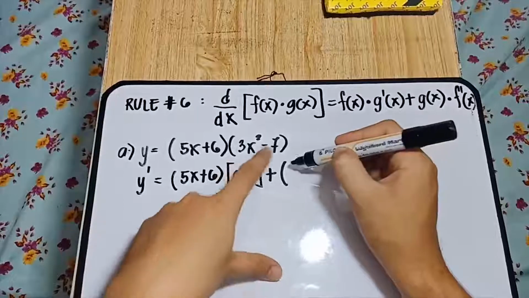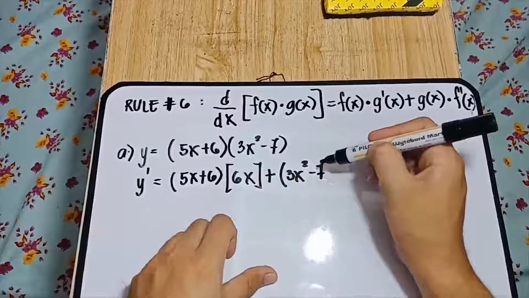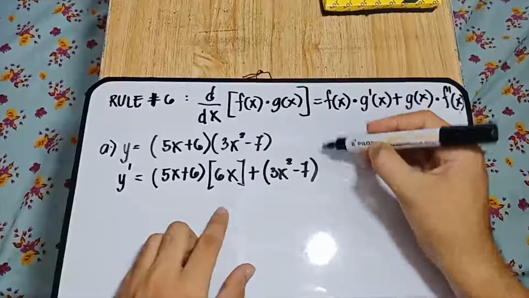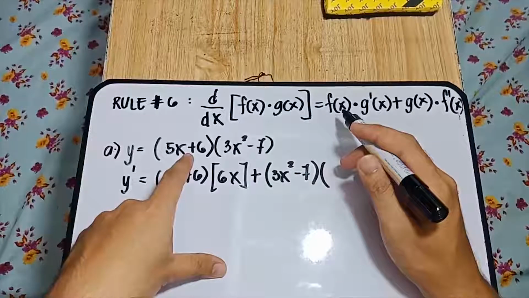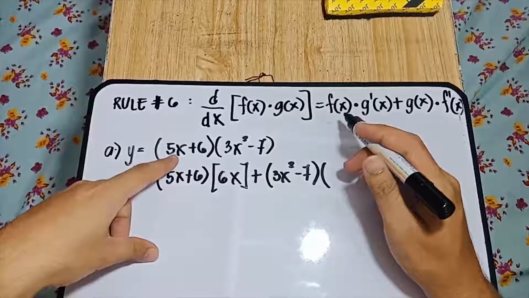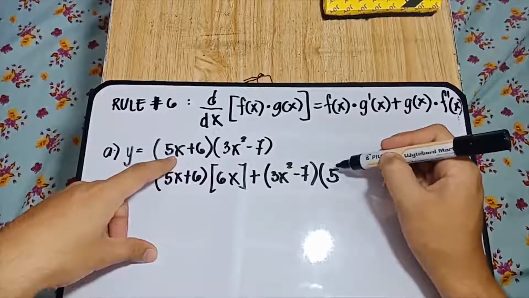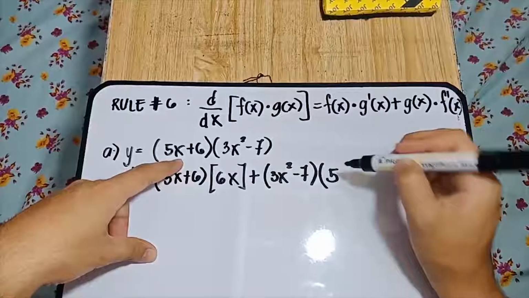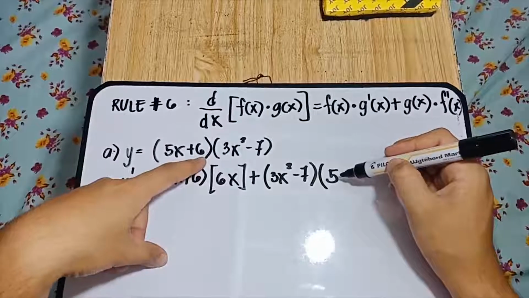So we have 3x squared minus 7 as our second term, multiply by the derivative of the first term, which is 5x plus 6. So, ang derivative ng 5x is 5. Kasi ang derivative ng x ay 1 na lang yon. So, hindi ko na ilalagay yon. 1 na lang yun. As derivative ng 6 ay 0.